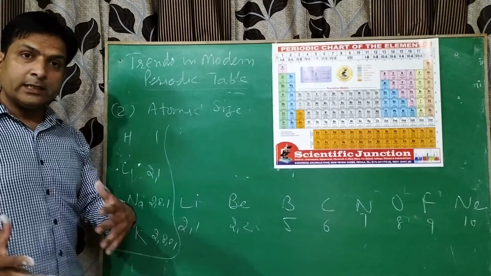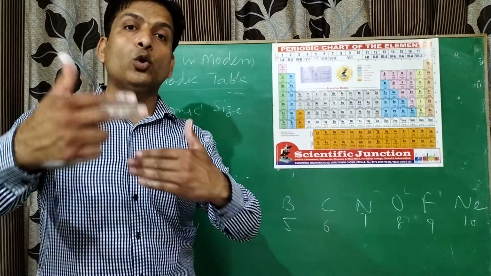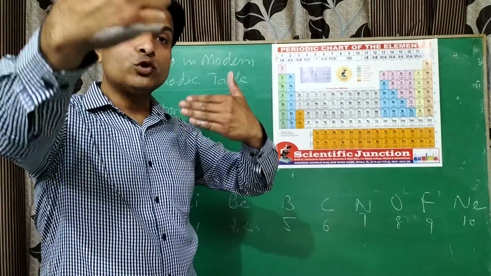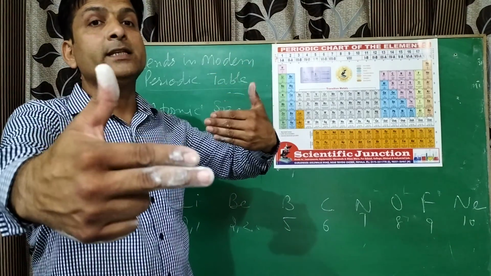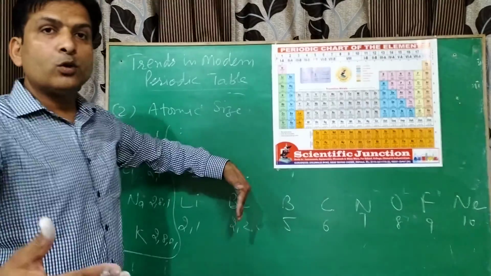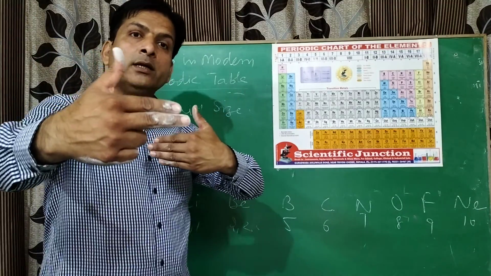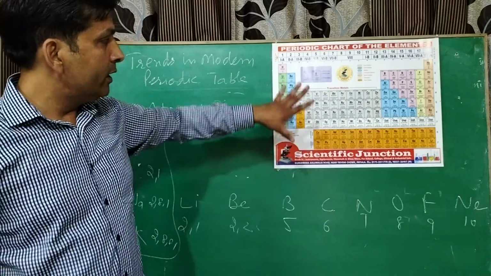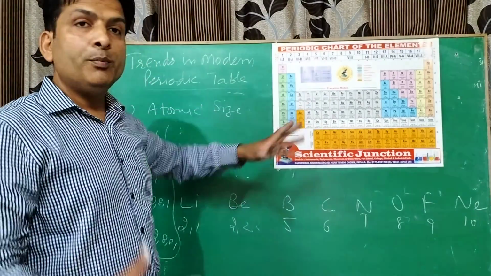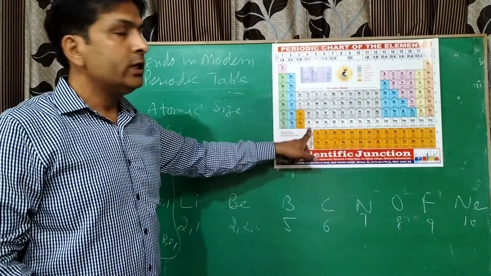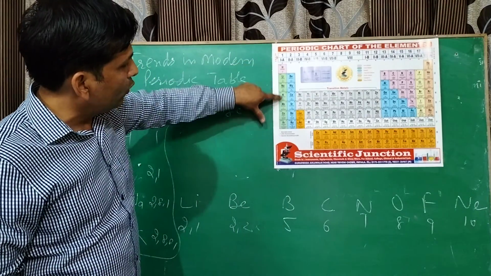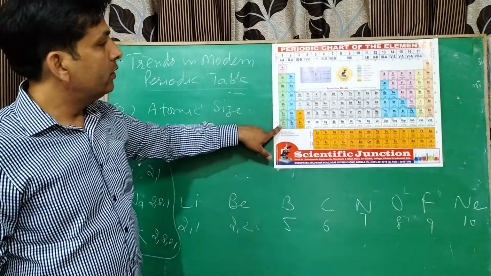If the number of shells is increasing, electrons are going farther from the nucleus. The distance between the outermost electrons and the nucleus increases as we go down in a group. If the distance is increasing, the attraction will definitely decrease. If the attraction decreases, we can easily remove the electrons. Therefore, metallic character increases as we go down in a group.